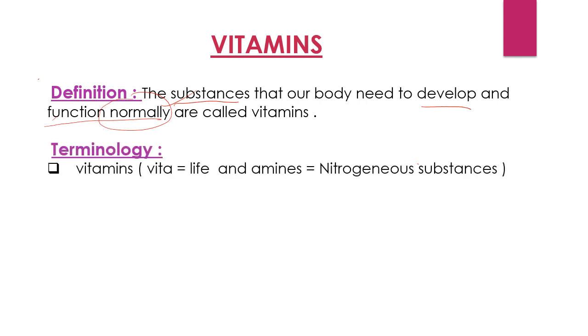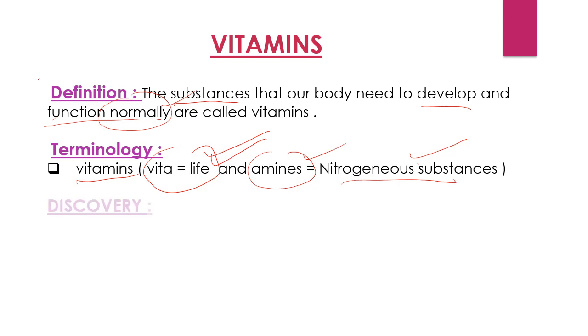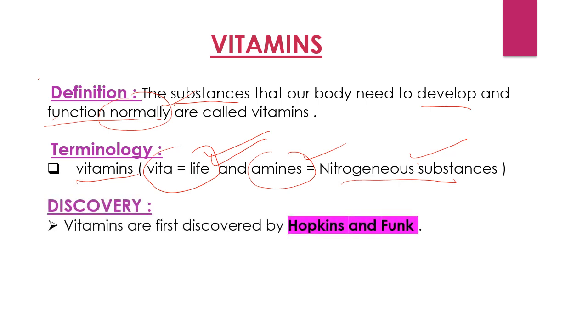The word vitamins comes from two other words. The first word is vita, which means life, and the second word is amines, which means nitrogenous substance. That means vitamins are basically the nitrogenous substances required for proper life. Next, the discovery of vitamins.